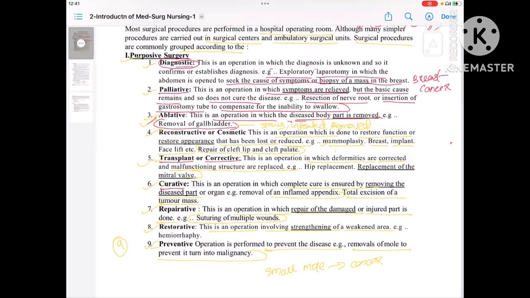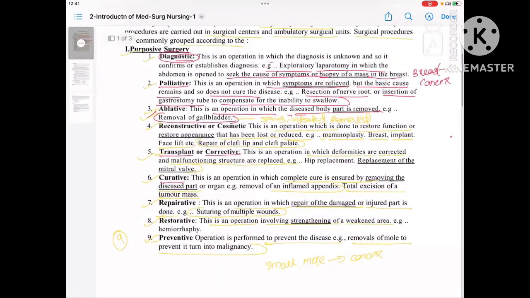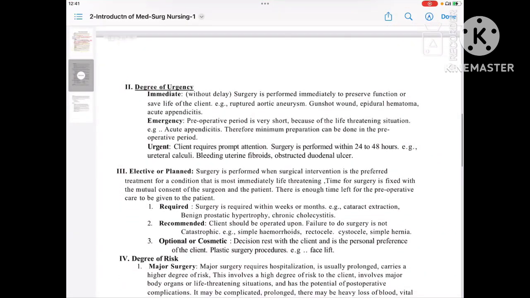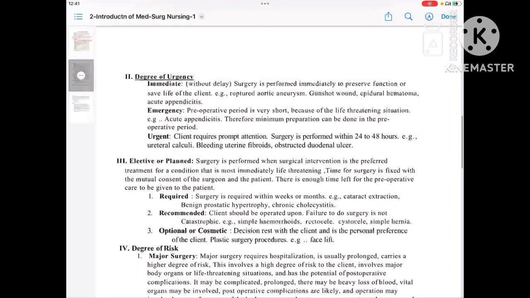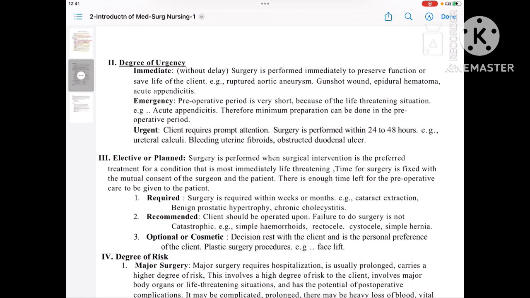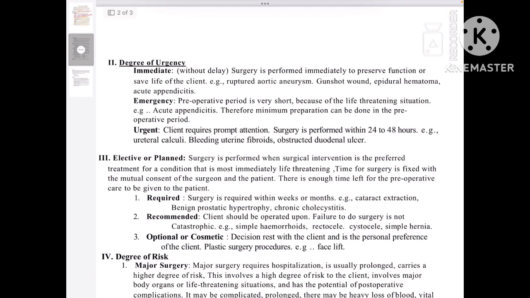So let's move to the degree of urgency. First we have seen purposive surgery. Next we move to the degree of urgency.